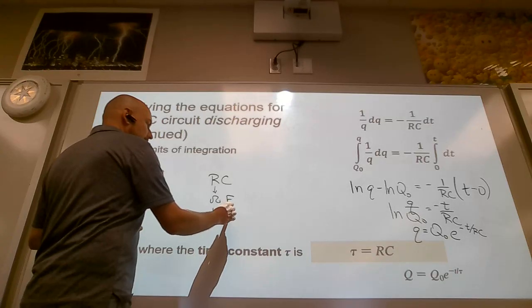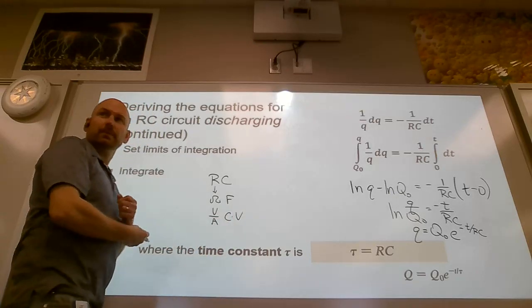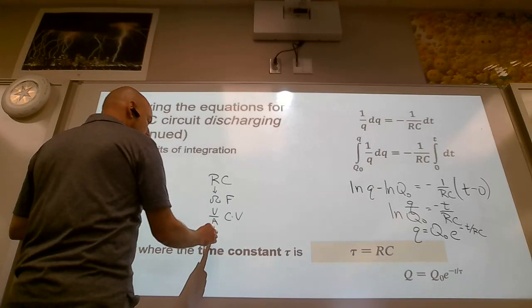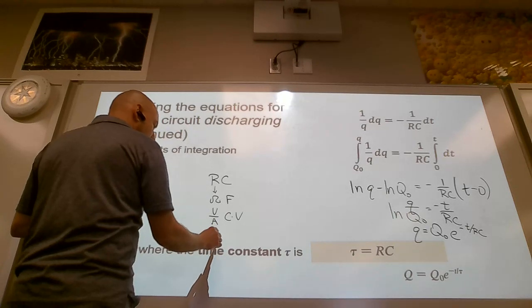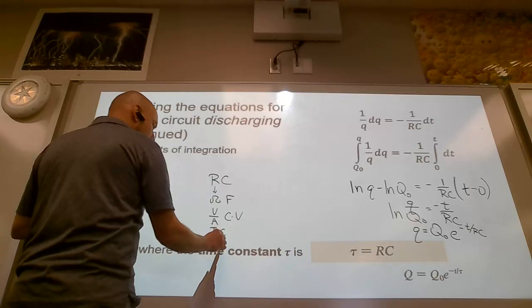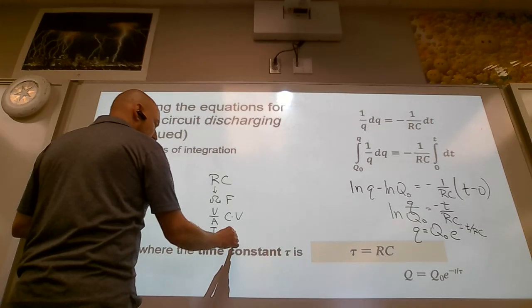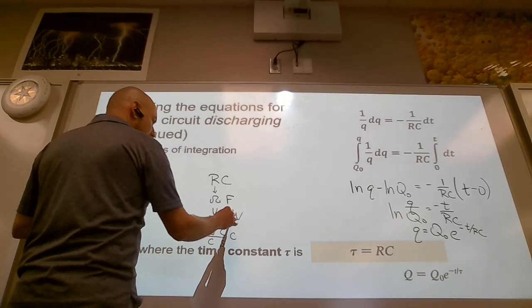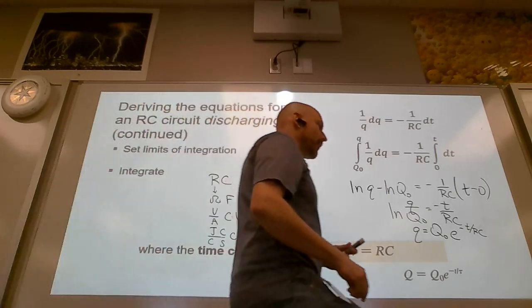A farad is a coulomb times a volt. A volt is a joule per coulomb, and an amp is a coulomb per second. That's volts, right? I should have canceled that out a long time ago.